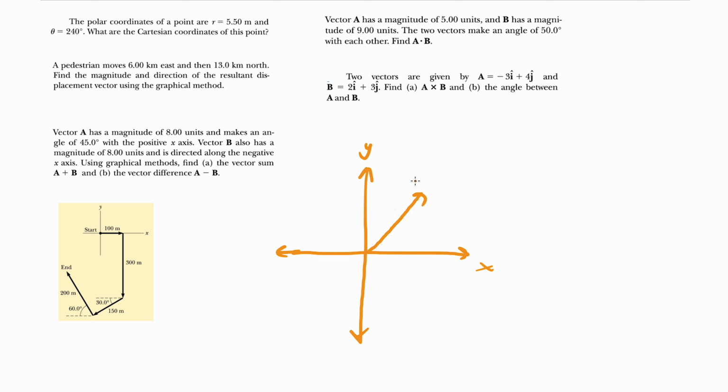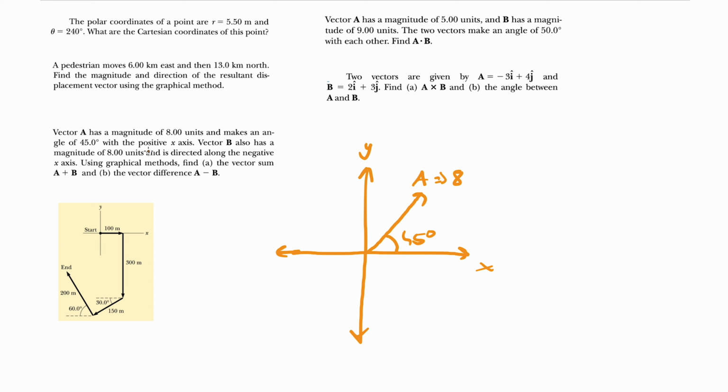It has a unit equivalent to 8. This is 45 degrees. Vector B also has a magnitude of 8 units and is directed along the negative x-axis. Using graphical methods, find the vector sum A plus B and the vector difference A minus B.